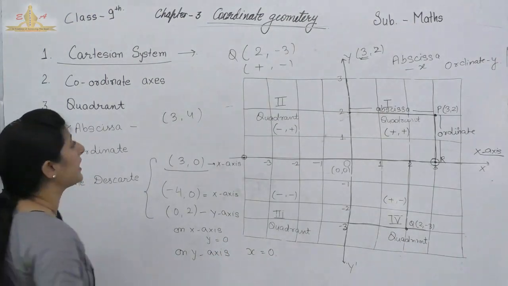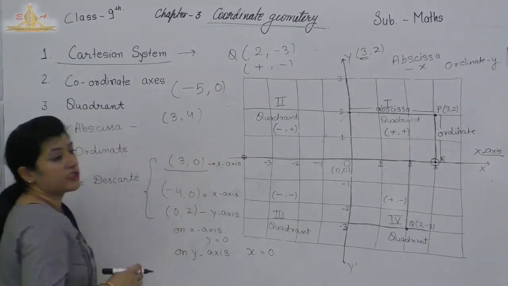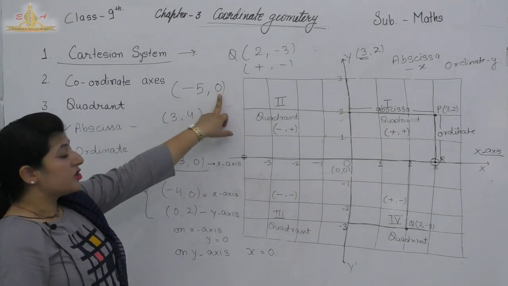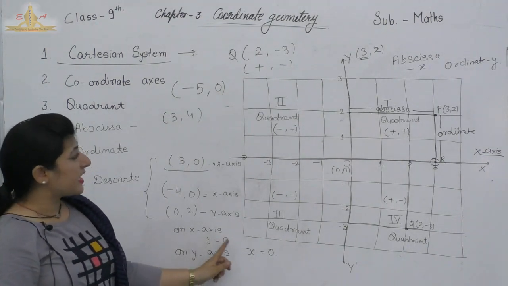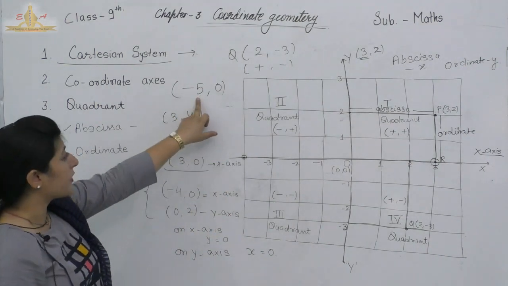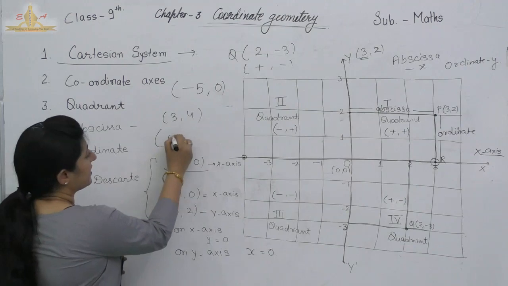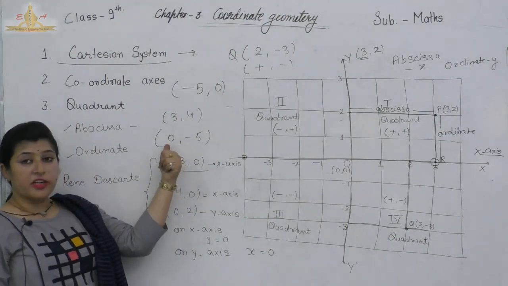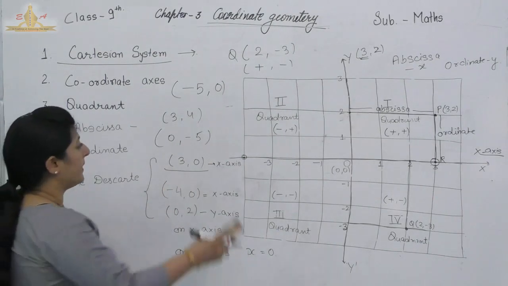It means if any point is given to us like (minus 5, 0), we can say directly that y is 0, so this point lies on the x-axis. If I take (0, minus 5), it means x is 0 here, so this point lies on the y-axis.